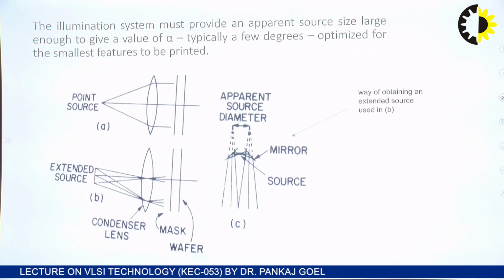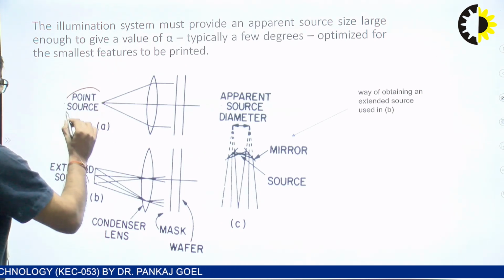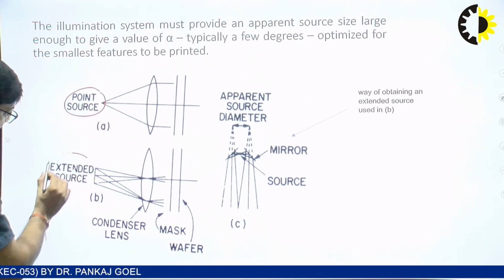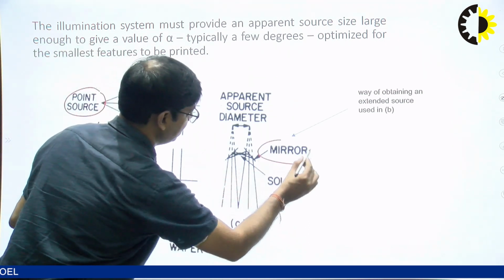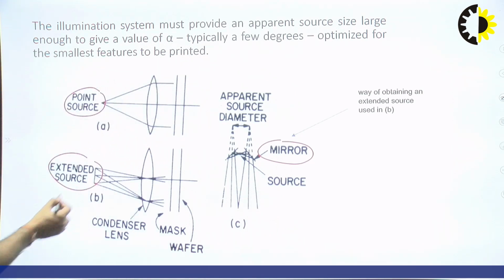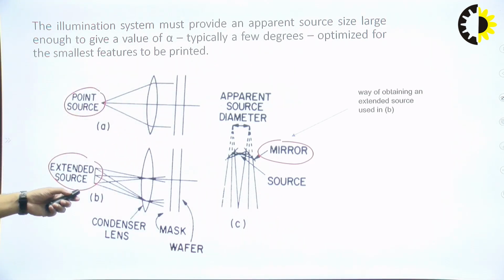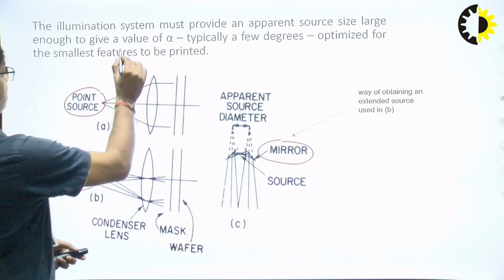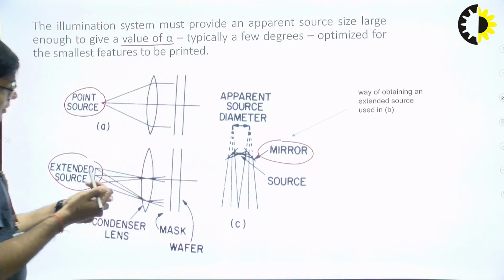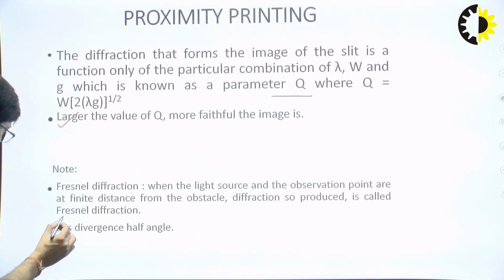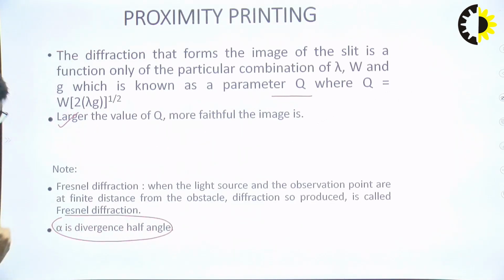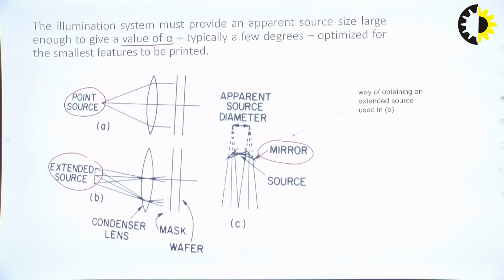Here we can see we have a point source, and here we have an extended source. The extended source has been obtained with the help of a mirror. So instead of a point source, if we use an extended source, we get a lower value of alpha. Alpha is the divergence half angle, and if its value is less, it is good.